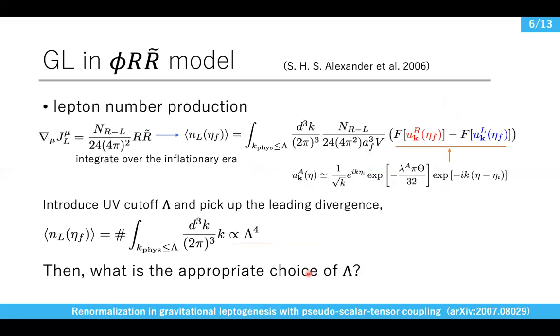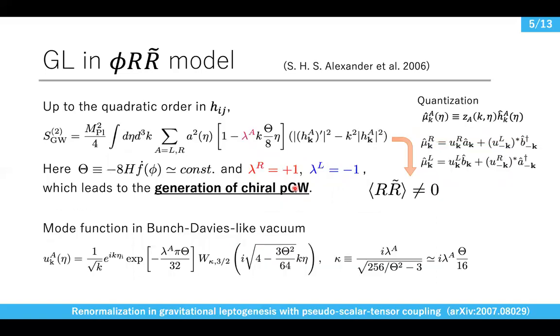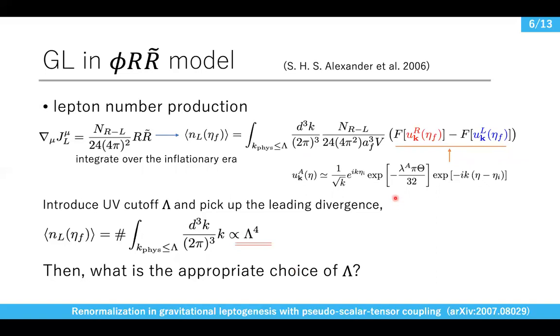Let me talk about the lepton number evaluation in this model. As I mentioned, we have this anomaly equation. By integrating this over the inflationary era, you can evaluate the lepton number density at the end of inflation like this. Here we assume that there is no asymmetry initially. This mode function has a plane wave asymptotic form like this.